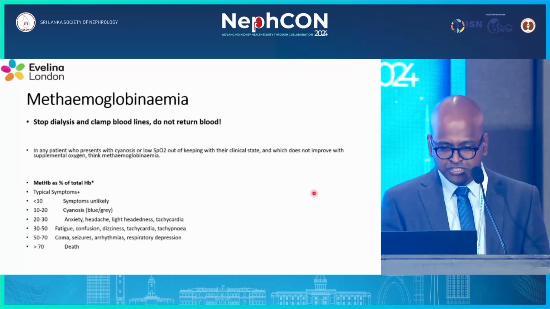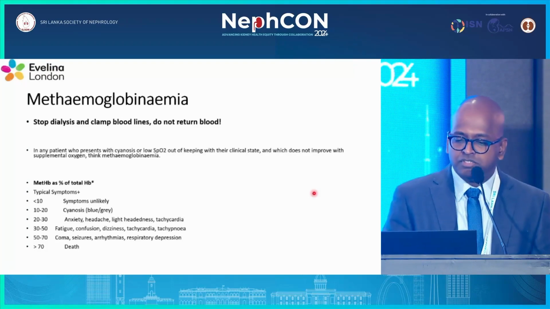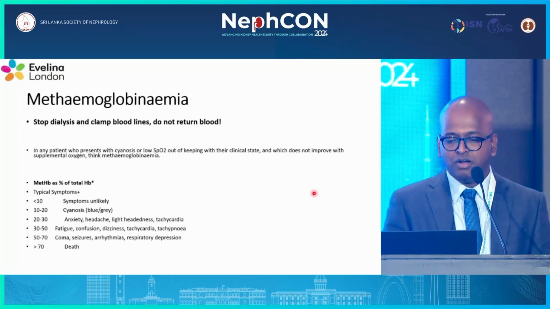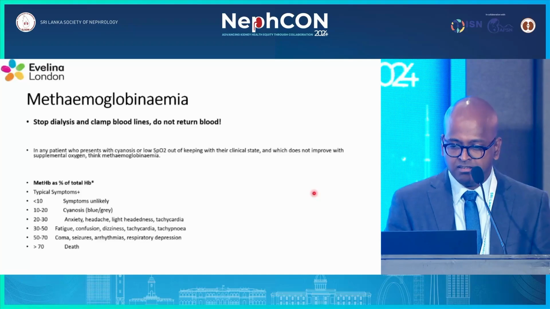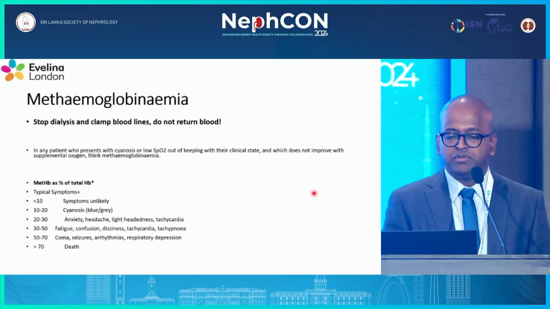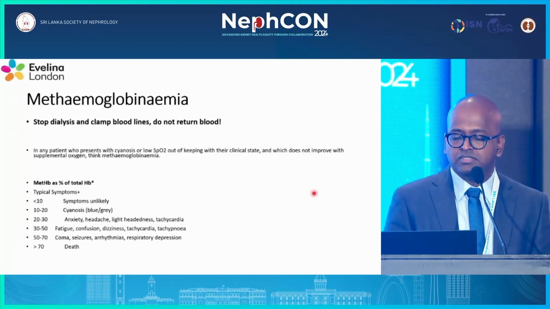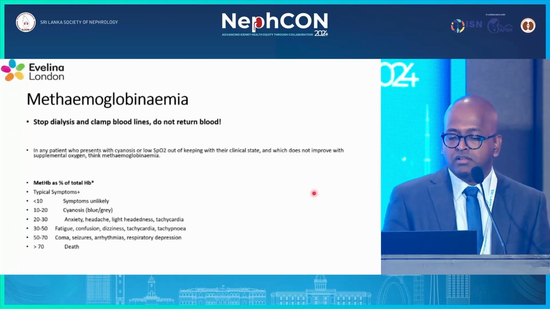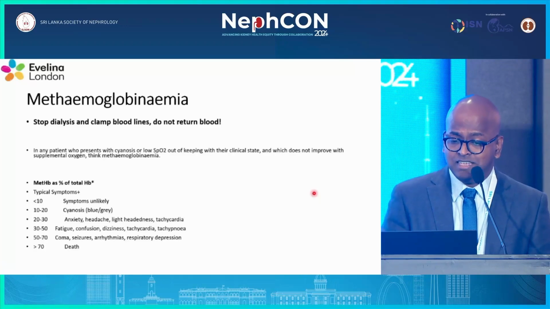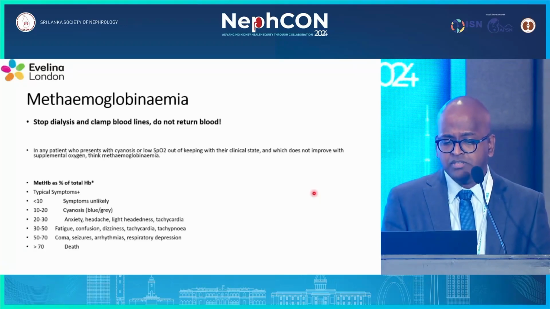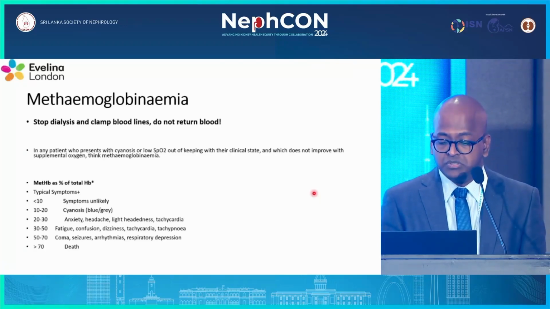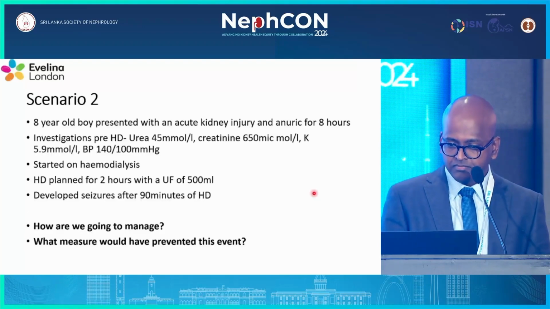In any patient who presents with cyanosis or low saturation out of keeping with their clinical state, which does not improve with supplemental oxygen, we need to think about this. This is the guidance: symptoms are unlikely in less than 10% methemoglobin, and if it's more than 70%, it could even lead to death.